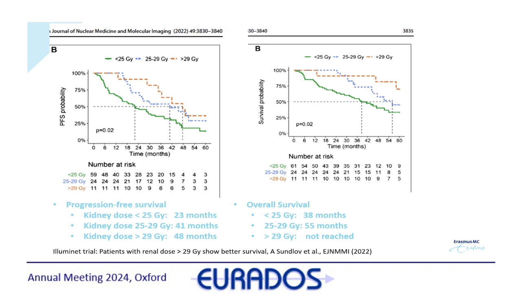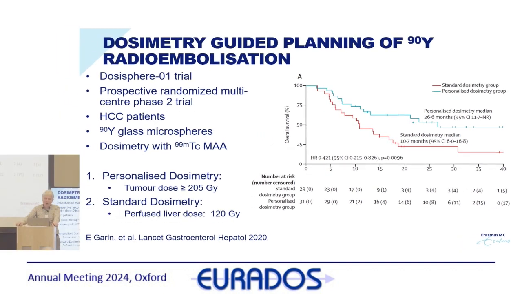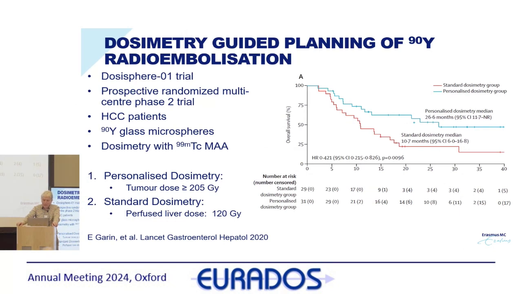The next thing is, of course, that we need to know what dose to the tumor is really needed. I'll jump over to another therapy, yttrium-90 radioembolization of liver cancer, which showed the advantage of treating according to a personalized dosimetry scan.